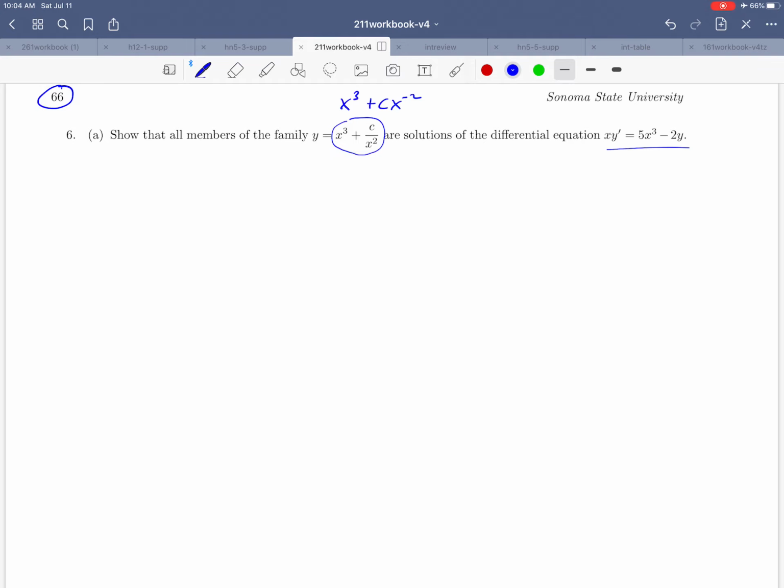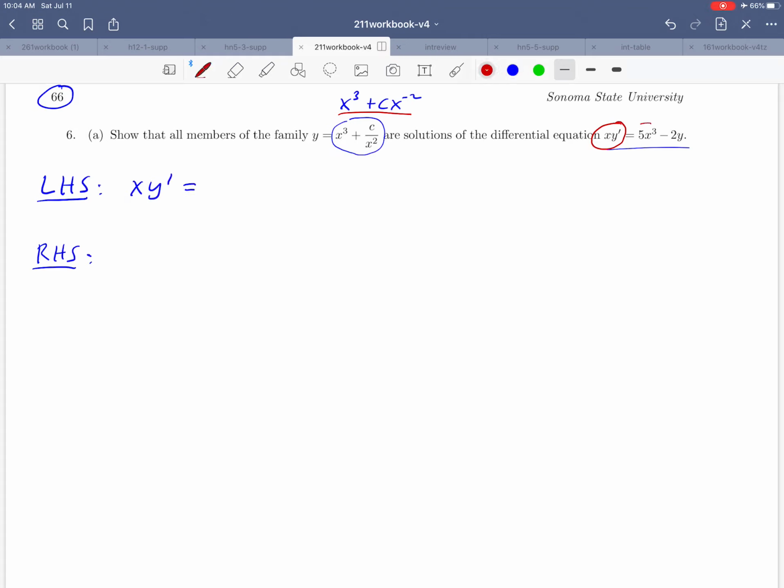So how do we check to see that this is a solution? The standard technique is to take our value of y and substitute it into the left and the right-hand side of our differential equation and see if we get the same thing. What's the left-hand side of our equation? It's xy prime.